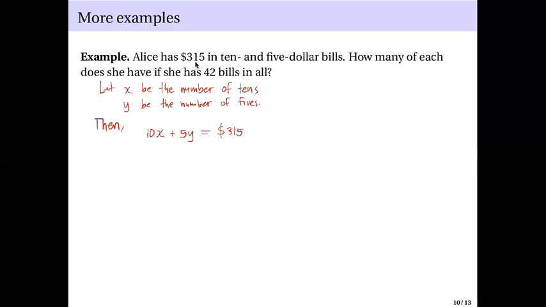Now, according to this condition here, she has 42 bills in all. Meaning, if we added x plus y, this should total to 42. So the number of tens plus the number of fives equals 42. Okay? Follow?